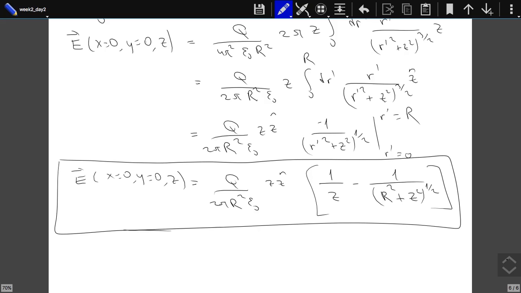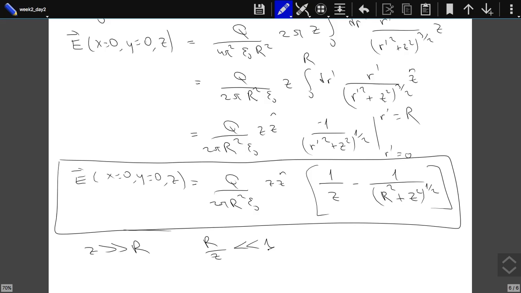Let's consider some other limit. Let's assume that we are very far away, that is, z is much larger than r, or r over z is much less than 1. So basically we have this disk over here, but it's so small that it looks like a point.